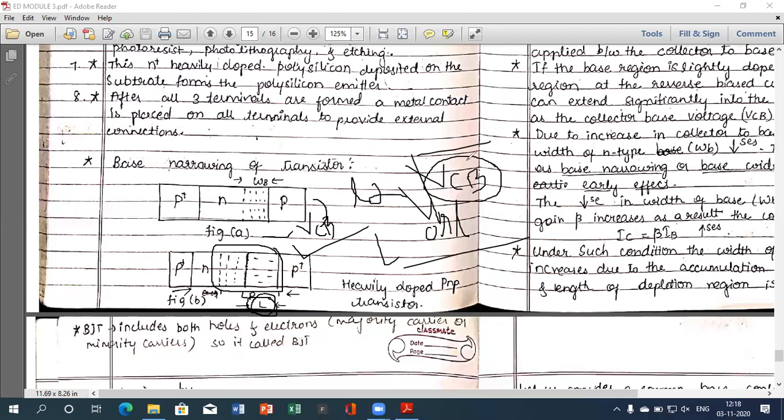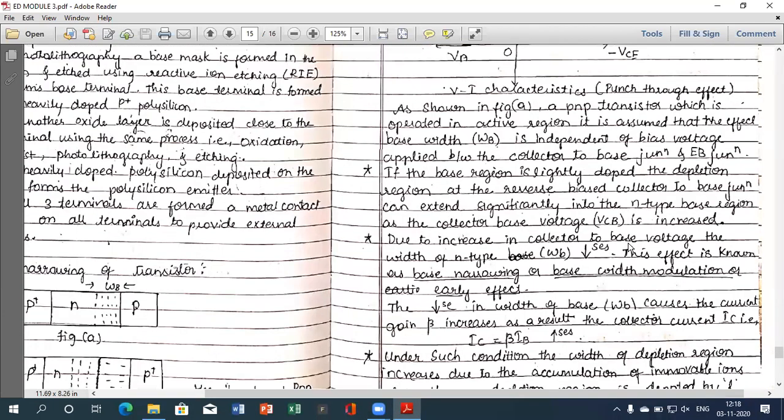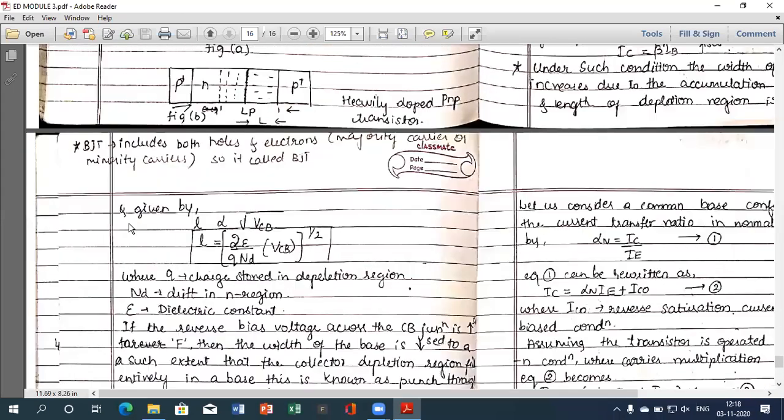In the next page, it is written like this. The length L of figure B depends on the VCB, that is the reverse bias voltage between the collector and base. The square root represents this voltage in the reverse bias condition. So L is directly proportional to this voltage. If this voltage increases, the length of the depletion layer increases.